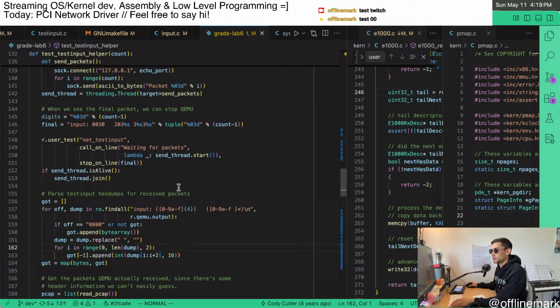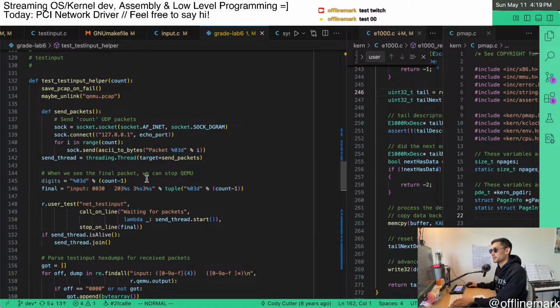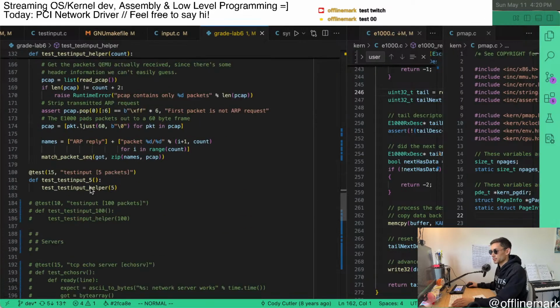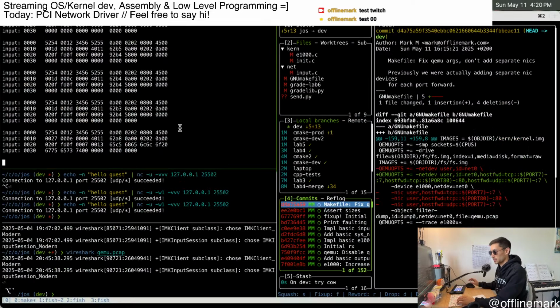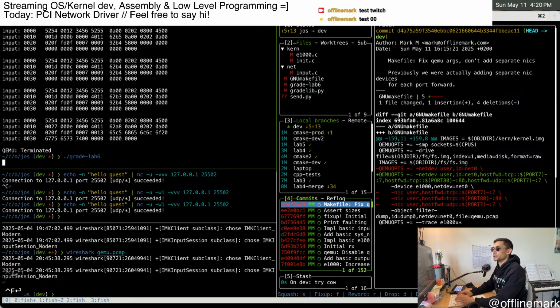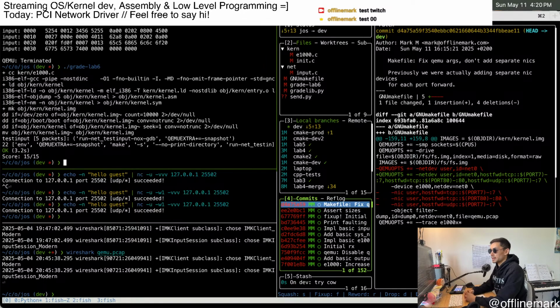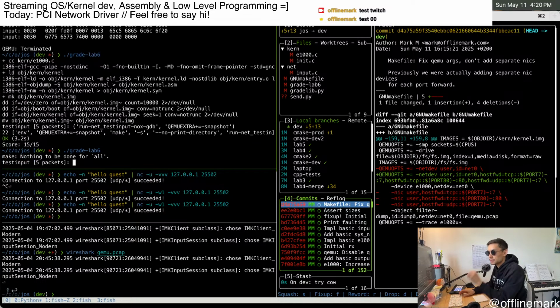I believe I got things working now because I got all this port forwarding stuff. I was able to show that we can netcat data into the VM successfully and have it be received. So we can run the testing script now and see what happens. And we passed the tests.